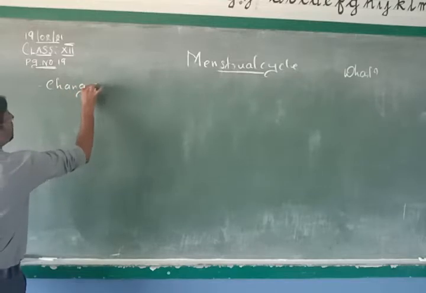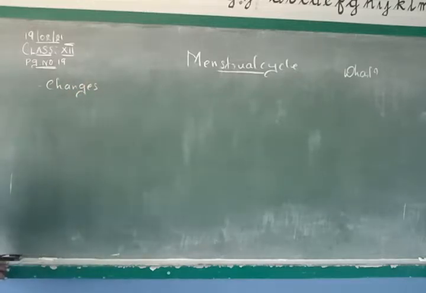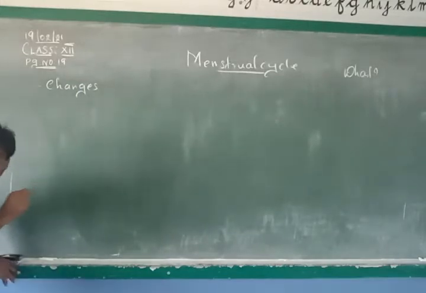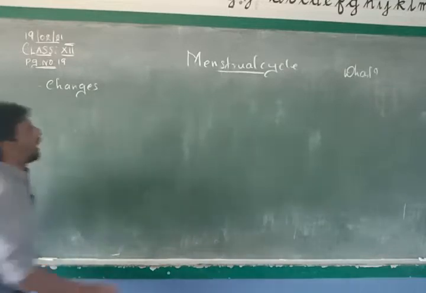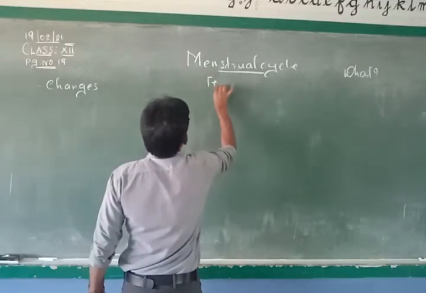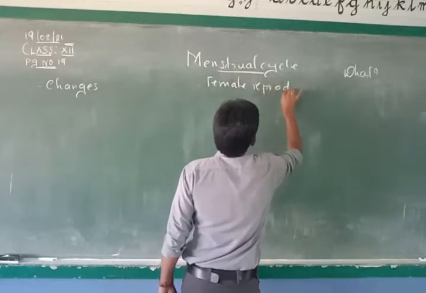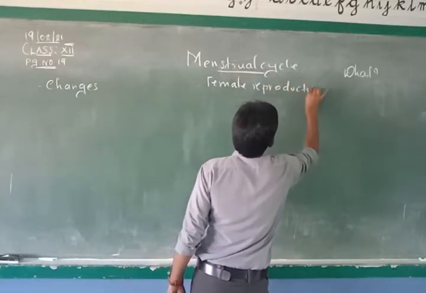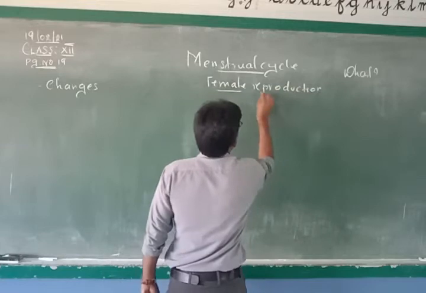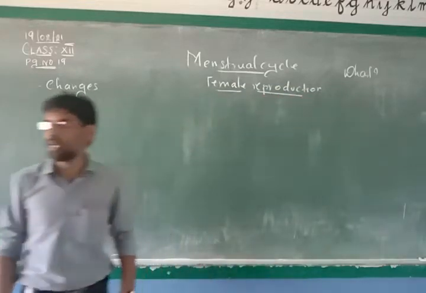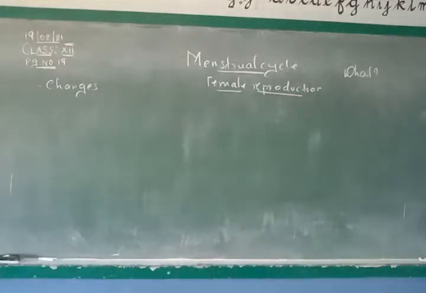Menstrual cycle is the changes, something that is undergoing changes. These changes are in 3 different areas in the female reproductive tract. So that means the menstrual cycle will take place in the female reproductive tract.